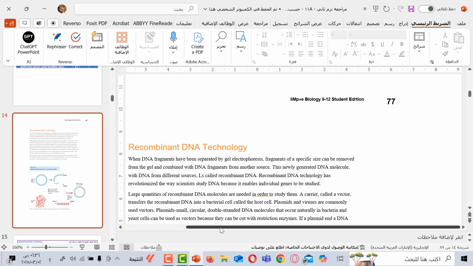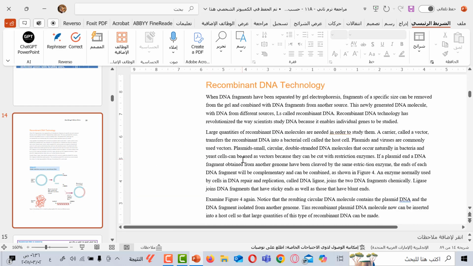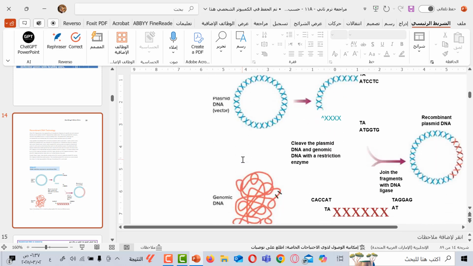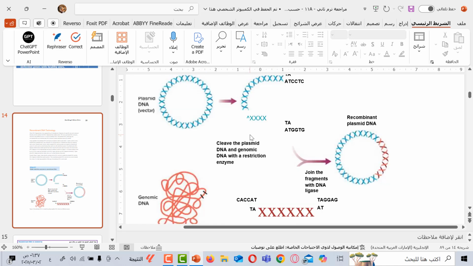And on 77, we see the recombinant DNA and the plasmid. And please be careful about this figure, because it comes more and more in many tests, and you must remember every word in this page. Okay, what is this called?